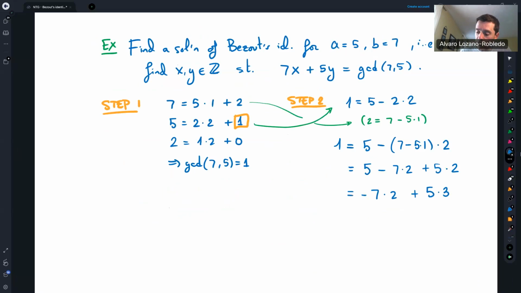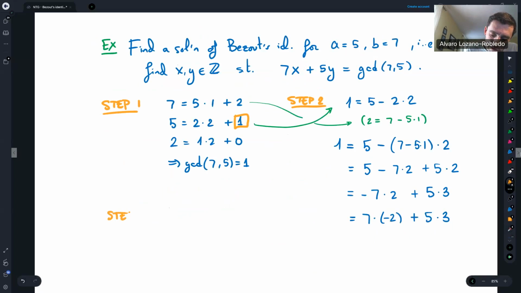We wanted 7x plus 5 times y, so I'm going to write it as 7 times minus 2 plus 5 times 3. And you see that this says that minus 14 plus 15 is equal to 1. So that is a solution. Now step 3, just read off the solution that we just found.